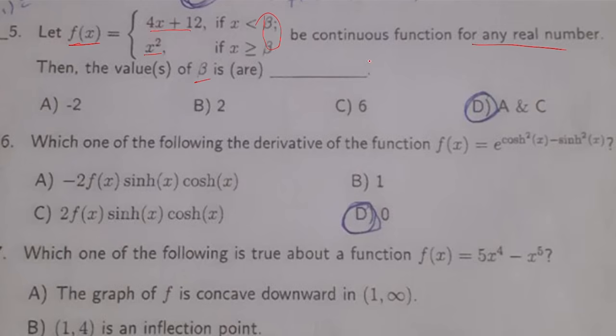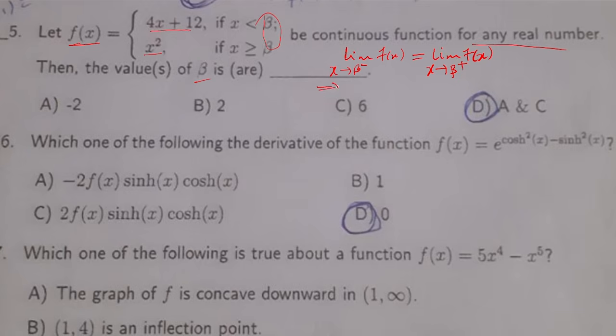Therefore, if it is continuous at beta, remember, we need to have the limit of f of x as x approaches beta from the left equal to the limit of f of x as x approaches beta from the right. X less than beta, x approaches beta from the left. Therefore, what's f of x? 4x plus 12.